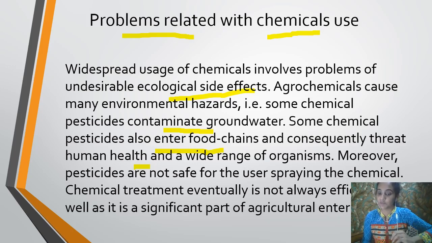And we are familiar with the word biological magnification, in which the amount of chemicals keeps on increasing from one level to another level, or from one food chain system to another food chain system. What's the reason behind that? Because these chemicals are non-biodegradable. So what we have to do? We have to limit the use of these chemical fertilizers.